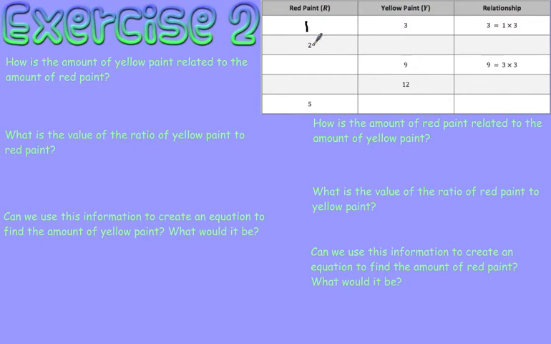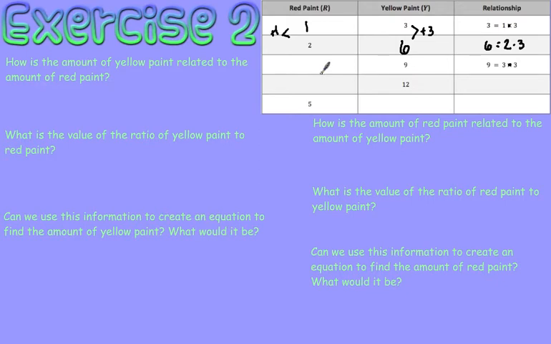So if he uses 2 gallons of red paint, and if I add 1 here, I have to add another 3 here. So I know it should be 6. The relationship here is that to get my 6 gallons of yellow, I had to take my 2 gallons of red and multiply it by 3.